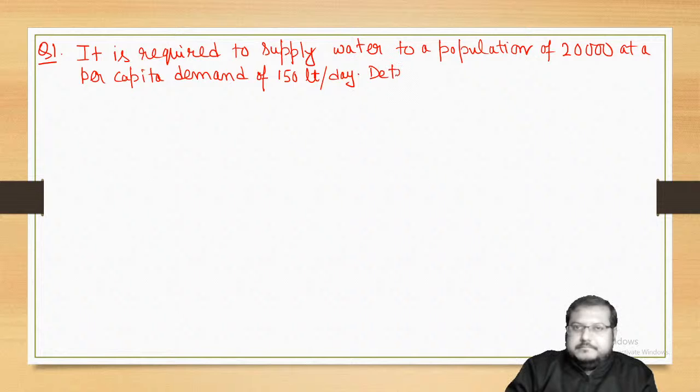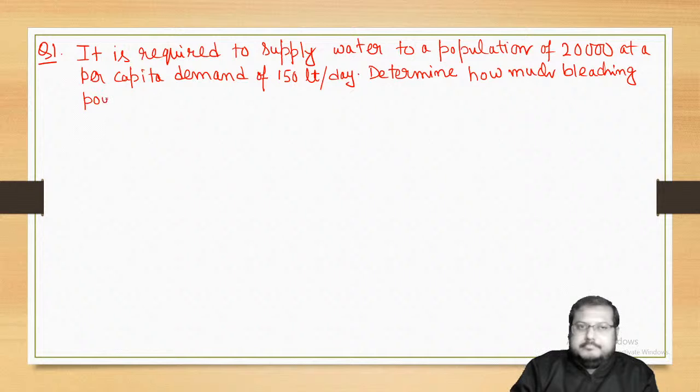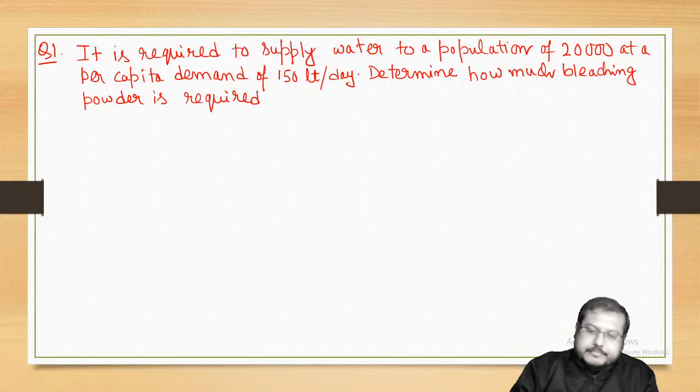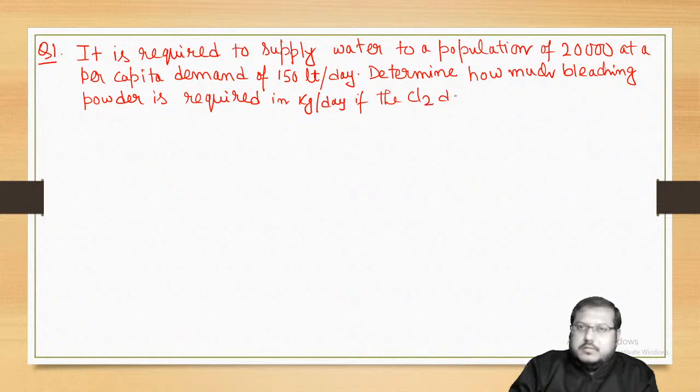Determine how much bleaching powder is required, in kg per day, if the chlorine dose is 0.2 ppm.